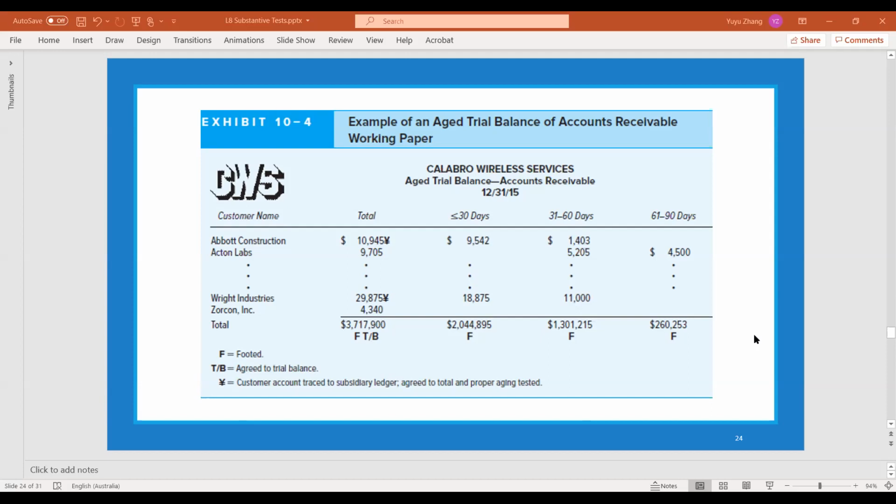Reperforming, because in that procedure, actually you include mathematical check, you include confirmation, you include inspection, you include your professional judgment and calculation together, right? So you have done the reperforming of a trial balance.